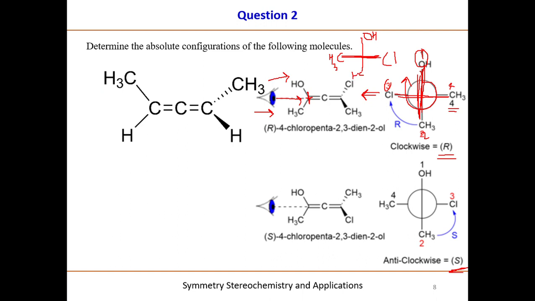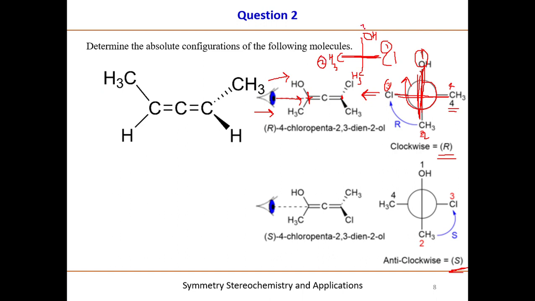Now we have to give the priority here. Because we are viewing from this side, this carbon is the first carbon, so we have to give the first priority to the substituent present on this carbon. So the first priority will be given to this chlorine atom, then the second priority will be given to the group present on the same carbon, that is the CH3 group.